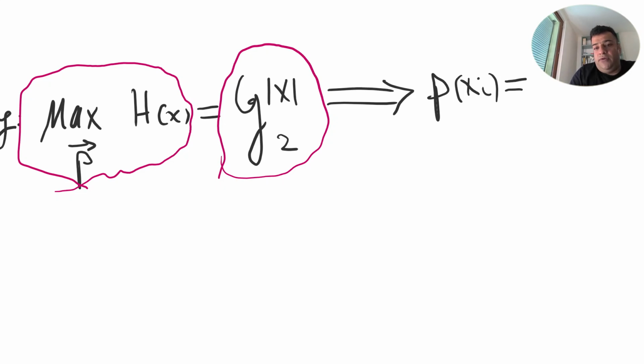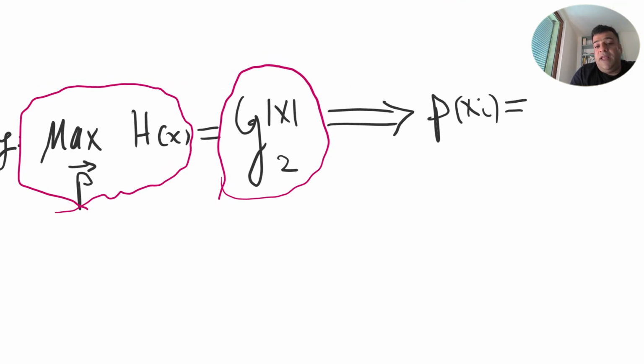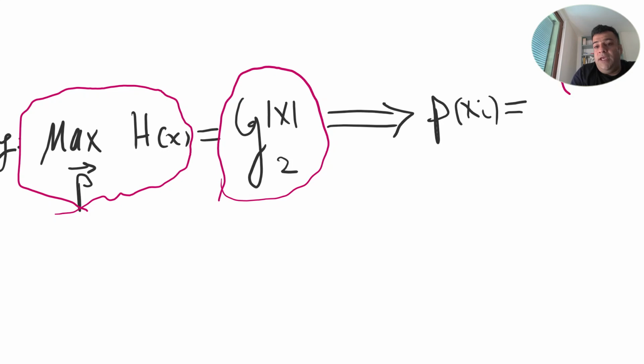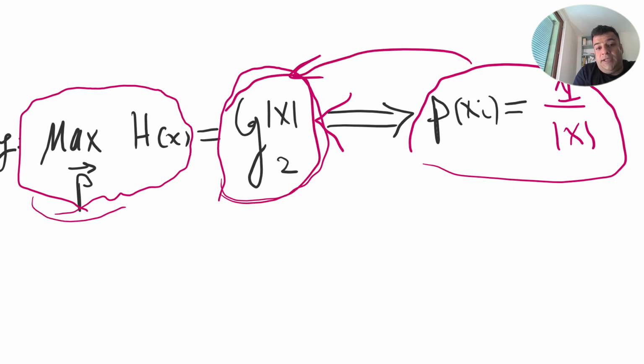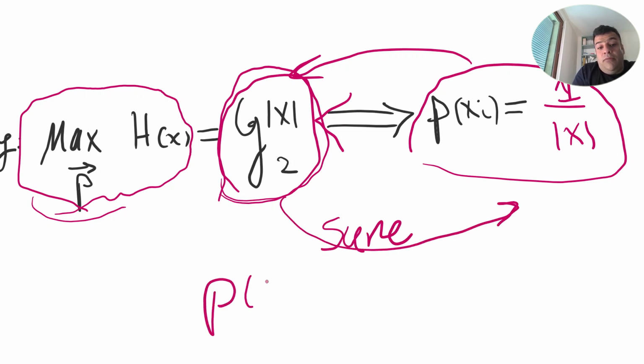And we know from the previous, that happens when your probability is 1 over the cardinality of x, and also that is invertible, guys. And also, if your entropy is at its maximum, you must be sure your member probability is exactly 1 over the cardinality of your source.